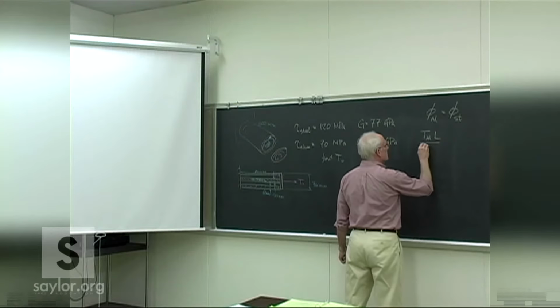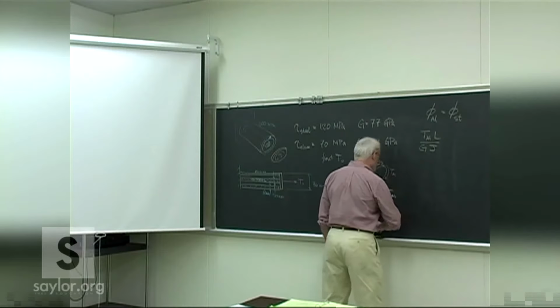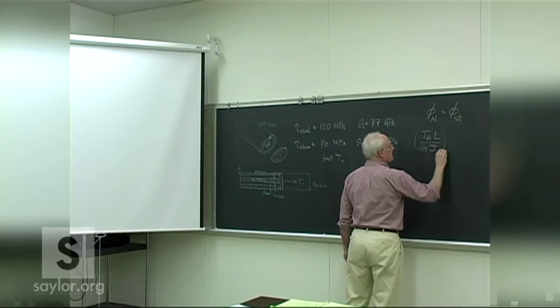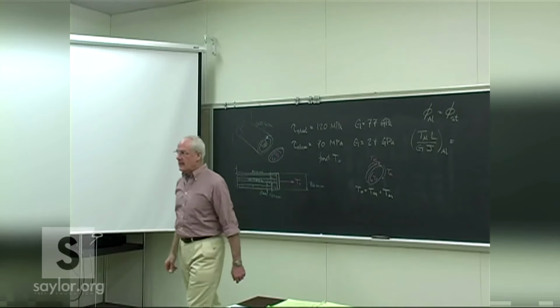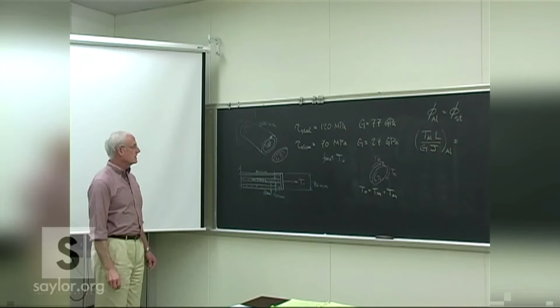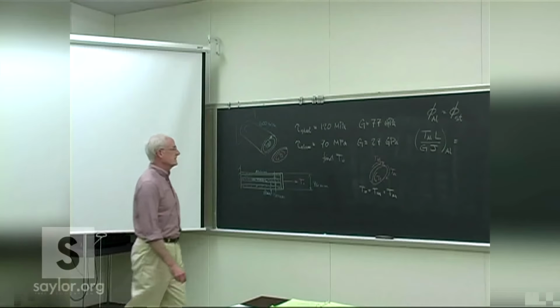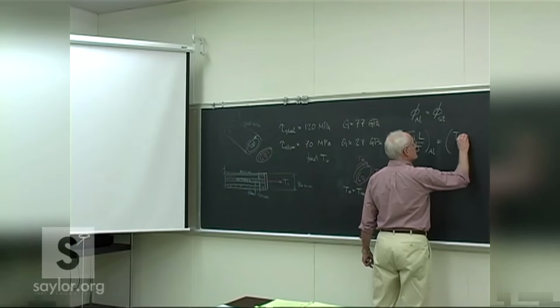All those last ones are independent of the load. The G, of course, is a material property, and L and J are properties of the geometry of the problem as set up. So those two must be equal.